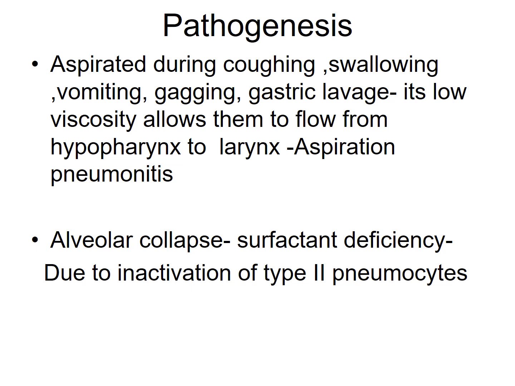Sometimes even without these conditions, it slowly flows from the hypopharynx to the larynx, and then aspiration pneumonitis can occur. Another is that kerosene causes surfactant deficiency by inactivation of type 2 pneumocytes. When there is surfactant deficiency, there is alveolar collapse.